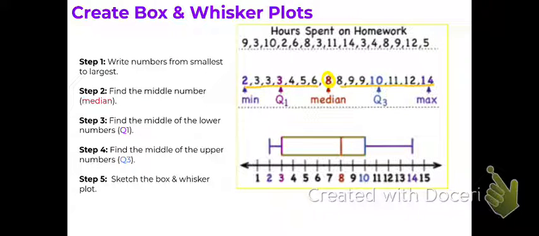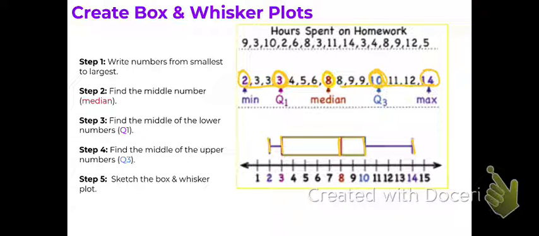Quartile 1 is the middle of those numbers smaller than the median, so that's 3. Quartile 3 is the middle of the numbers bigger than the median, so that's 10. So using the smallest number, the biggest number, the median, and your two quartiles, you can draw those lines and create your box and whisker plot.